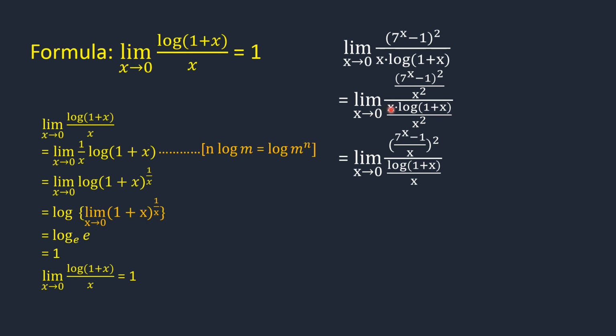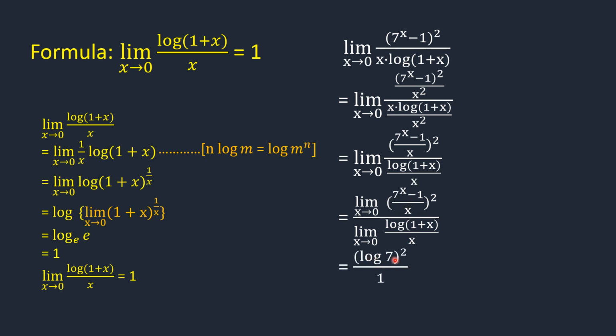Here, this x gets cancelled with 1x from x square, and we get log 1 plus x over x. Now we will write separate limits for numerator and denominator. Now the value of the limits will be log 7 whole square divided by 1.